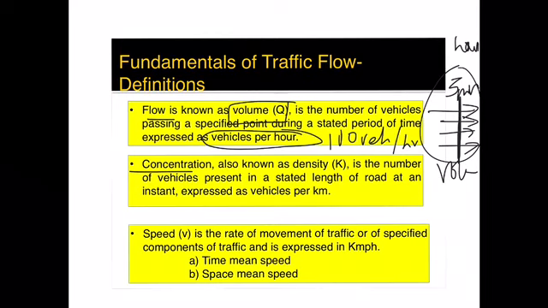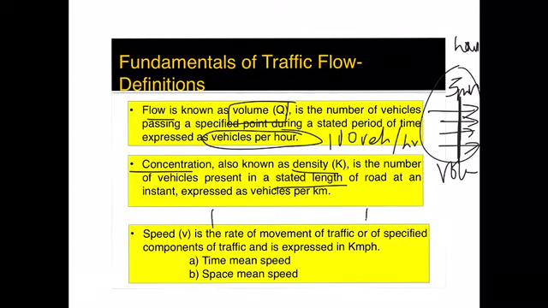The next parameter is the concentration. Concentration, you can also call the density. Now what is the density? As you already know, it is how many vehicles can be occupied in a particular place. It is defined as the number of vehicles present in a stated length of road at an instant.